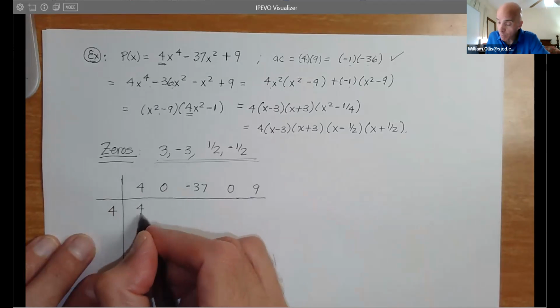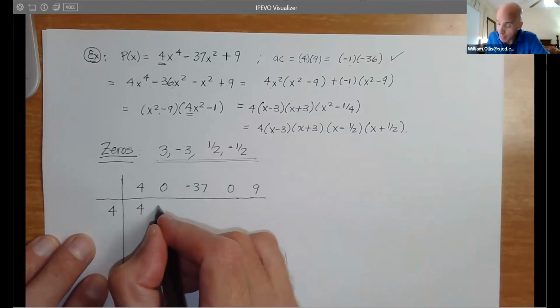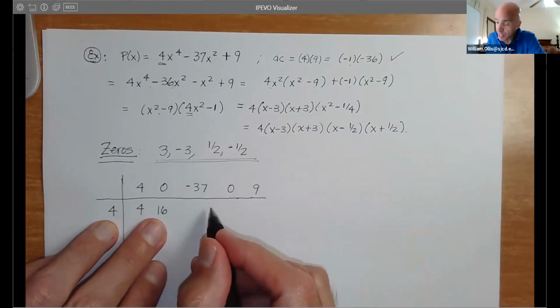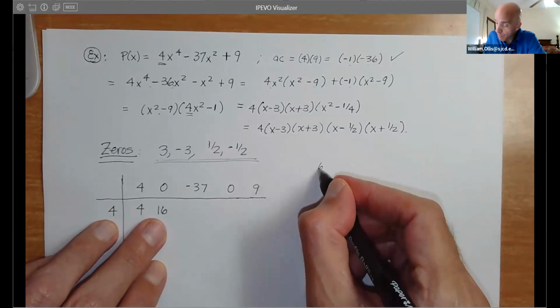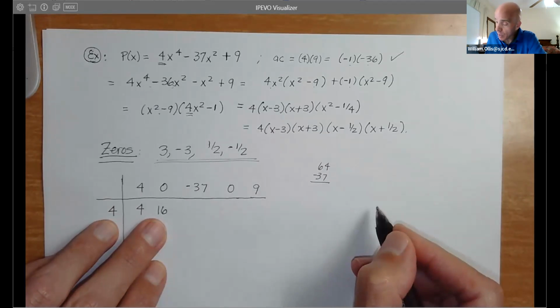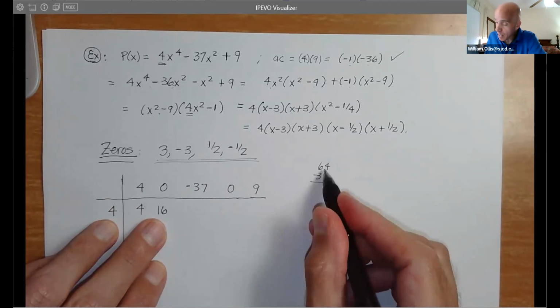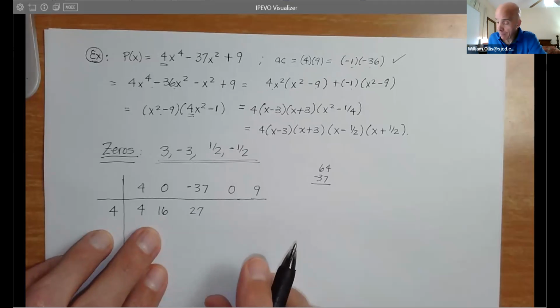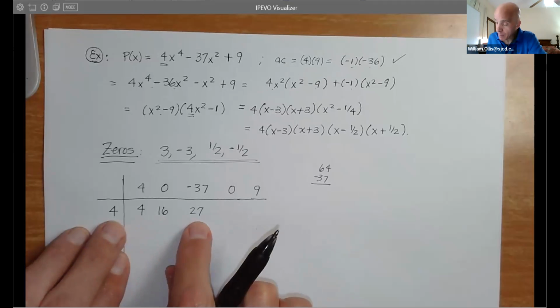Bring the 4 down. 4 times 4, that's a 16. Now we have, in this case, a 64. So 64 here, and we've got a negative 37 here. So that's a 7 and a 2, so that gives us a 27. And then we have 4 times the 27.